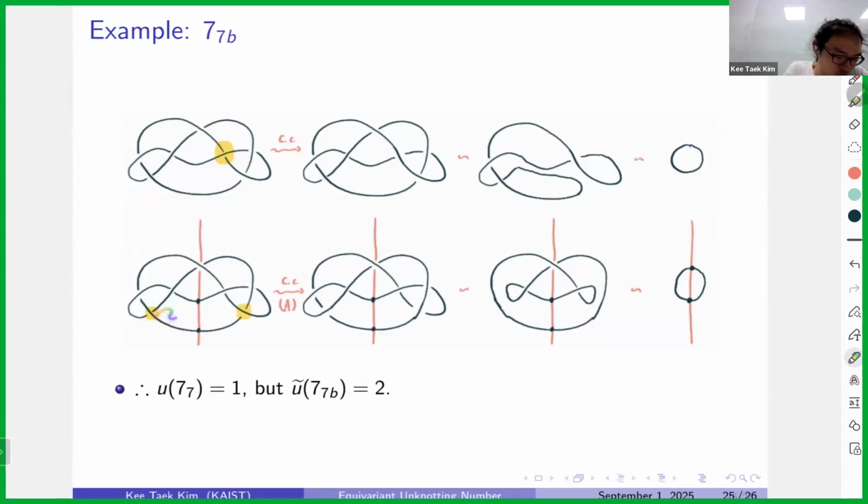But if we do two equivariant crossing changes, in this way, then we have an unknot. So its unknotting number is equal to 1, but its equivariant unknotting number is not 1, it is 2.